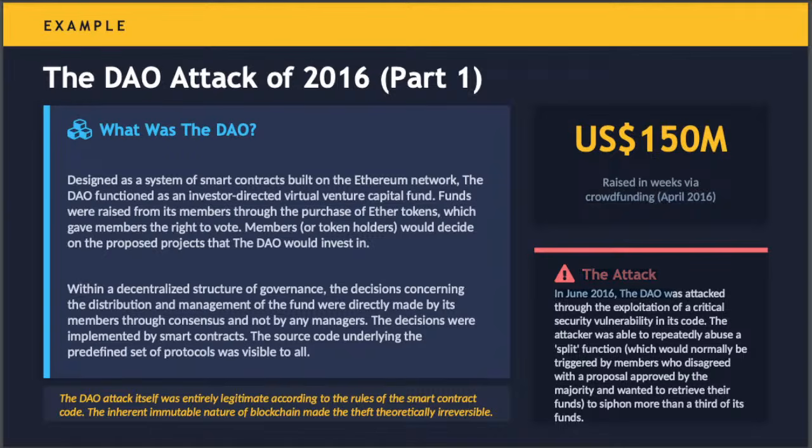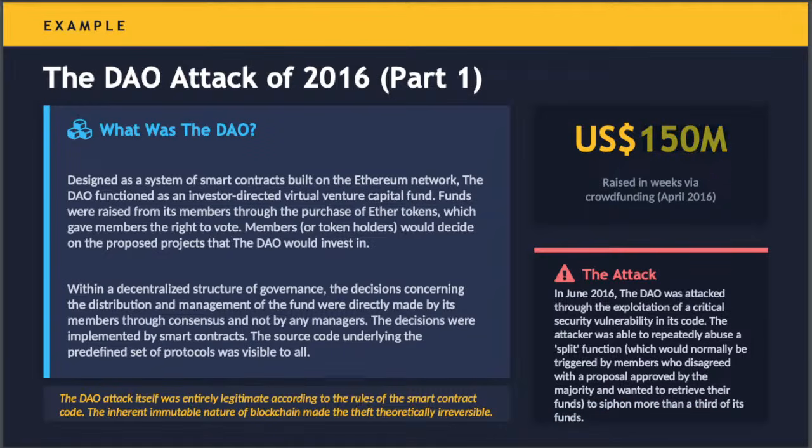Then the attack. In June, the DAO was attacked through the exploitation of a critical security vulnerability in its code. Hang on a second, the code was visible to all, though. Well, the attacker was able to repeatedly abuse a split function, which would normally be triggered by members who disagreed with the proposal approved by the majority and wanted to retrieve their funds, to siphon more than a third of its funds.